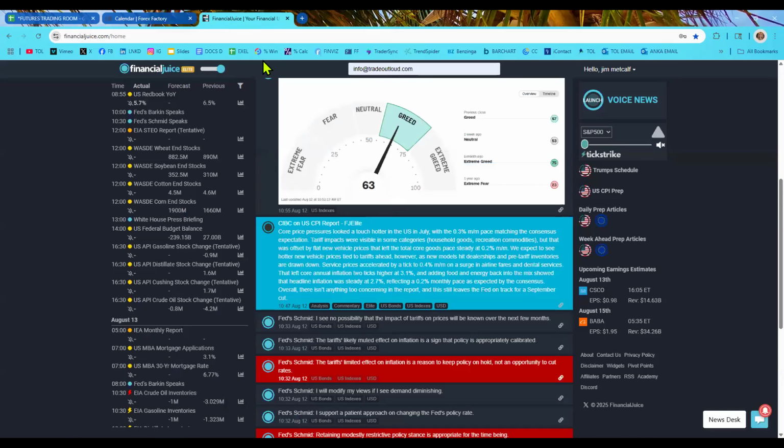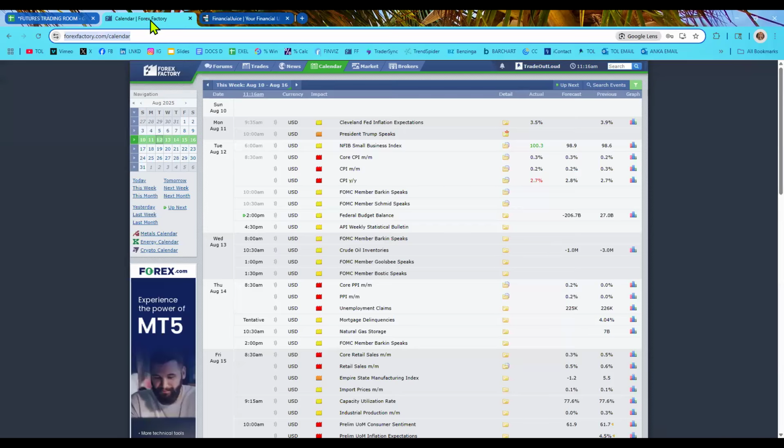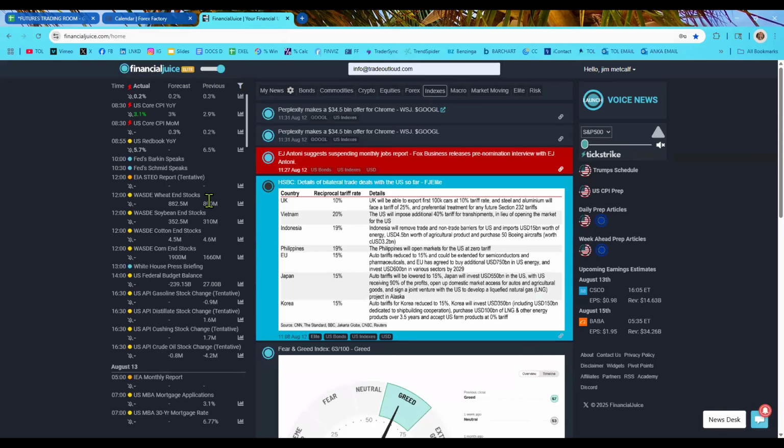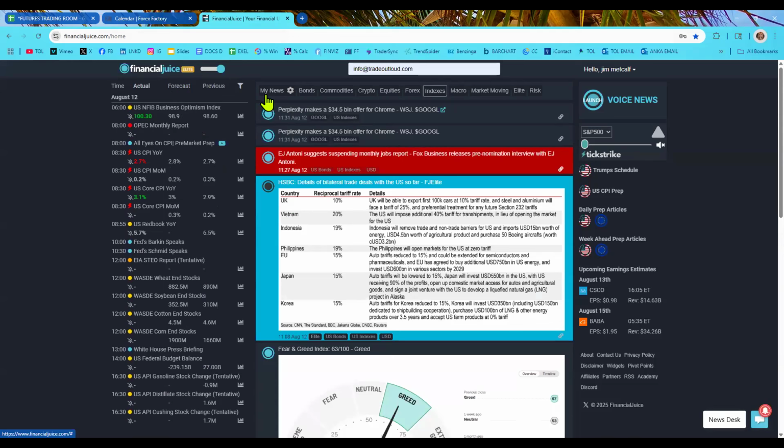If you want, you also have My Financial Juice. This is the paid version, but there's also a free version if you want to use that. It's really great as well. It has a little bit more information than Forex Factory, in the sense that if Trump is speaking or if something is happening, you find it out here.